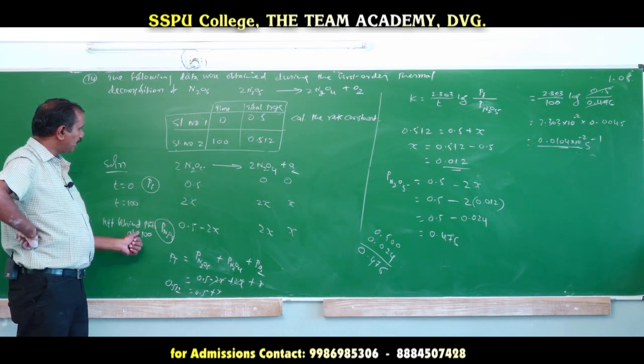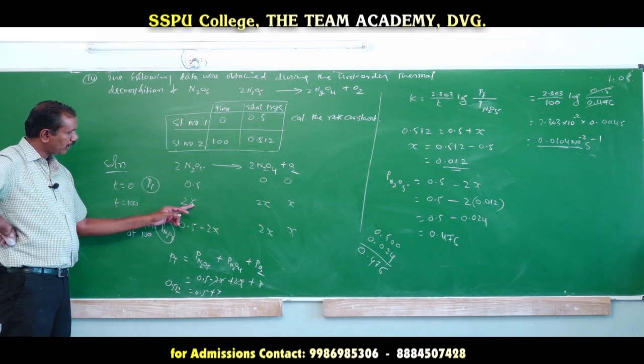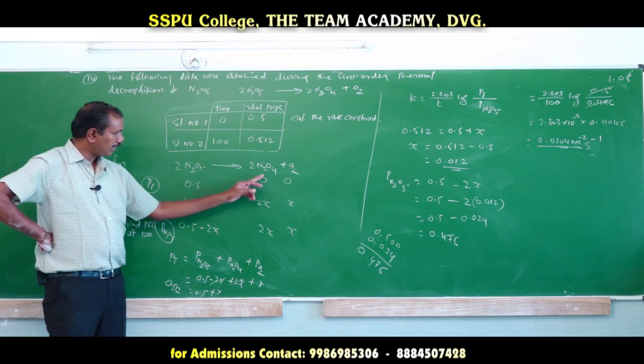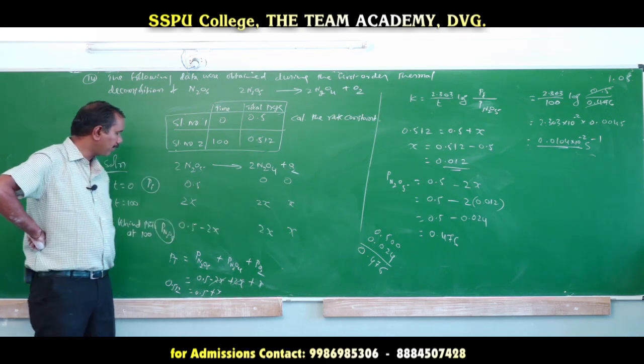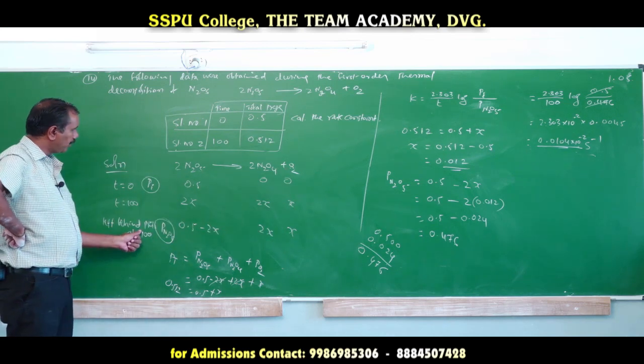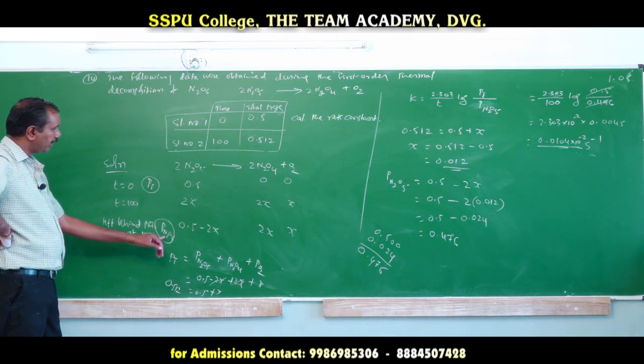That is calculated as follows: if 0.5 is there, 2x pressure can react, 2x pressure of N2O4 can be formed, and x pressure of O2 can be formed. The pressure left behind, 0.5 minus 2x, is the partial pressure of N2O5.